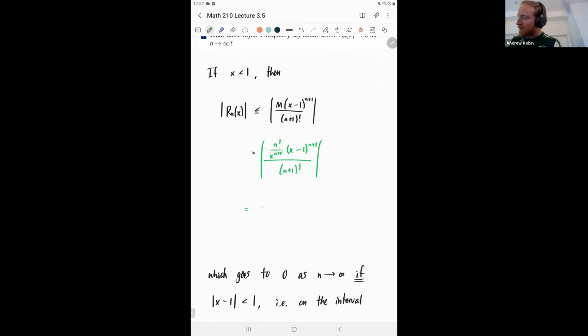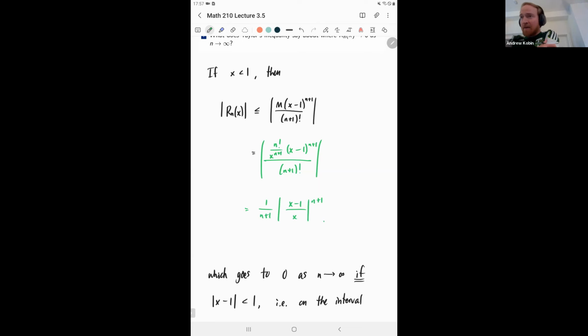My factorial expression, I have n factorial over n plus 1 factorial, and that will reduce to just n plus 1 in the denominator. On the other hand, I have an x minus 1 to the n plus 1 and an x to the n plus 1. So I'm going to group these together in absolute values as such.